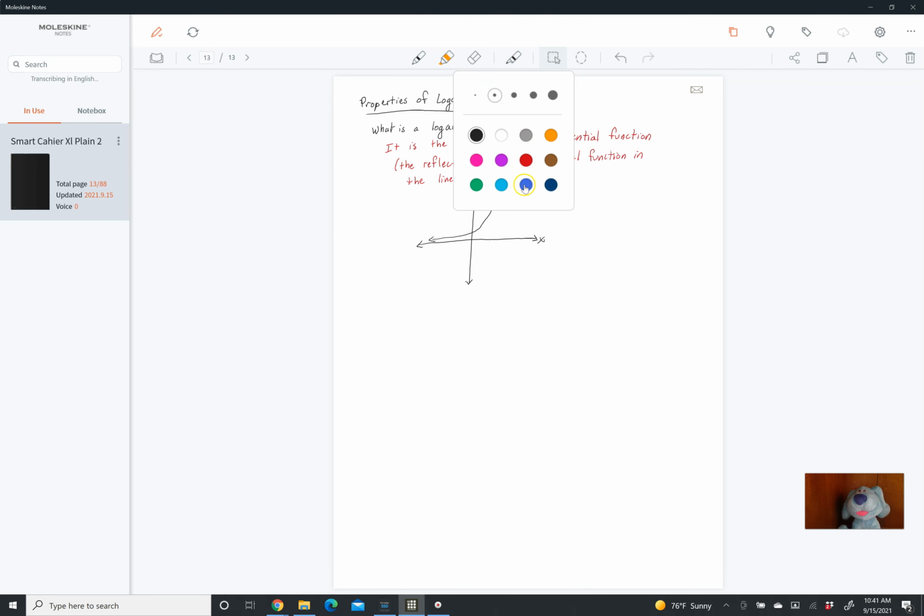So here's the line y equals x. This is not going to look perfect. So the logarithmic function looks like this.